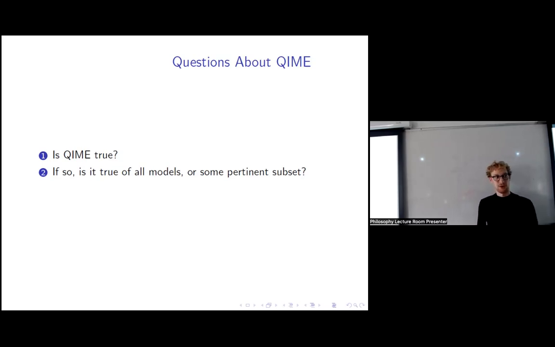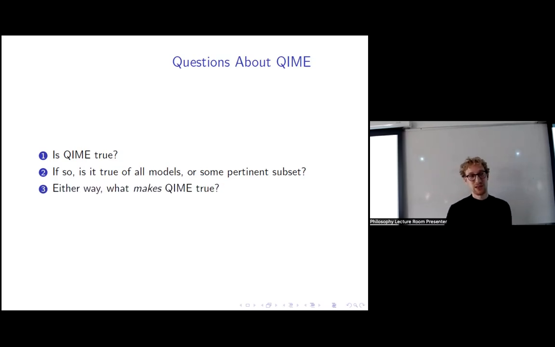So I think that's wrong, and I'll offer some counterexamples later. But it seems that a more defensible version of Quine would say it's true of, for example, only the models we use to represent physical systems, and only under certain representational conventions, right? That would be a restricted version of Quine. That seems more reasonable. And I think then really the question is, if it is true of some relevant class of models, what makes Quine true?